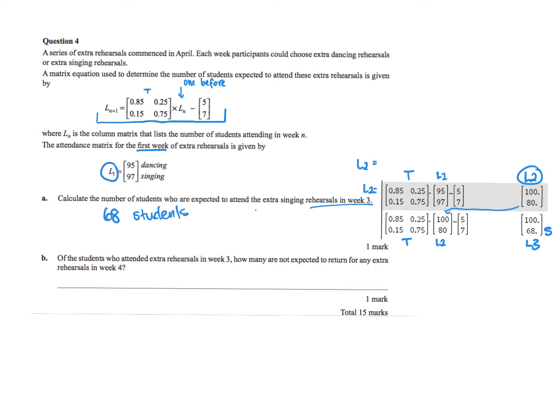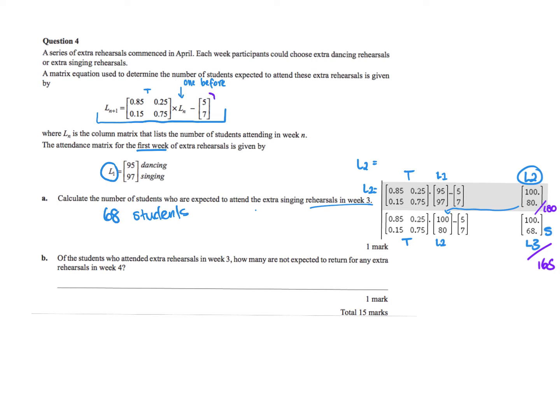Okay, of the students who attend extra rehearsals in week 3, how many are not expected to return for extra rehearsals in week 4? You can see here, the total when we had week 2 was 180, and then when we go down to week 3, we've got 168. So you can see we're dropping by 12.